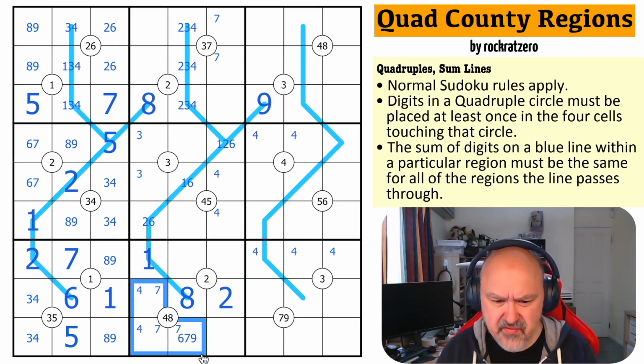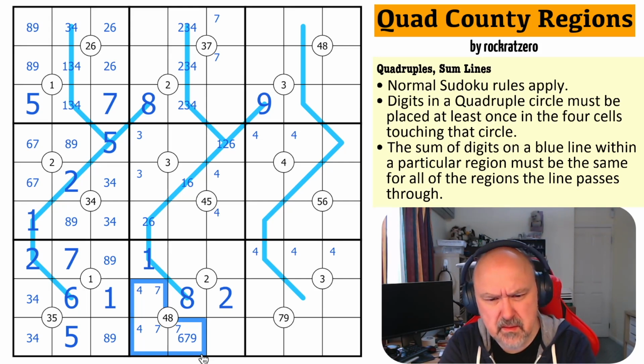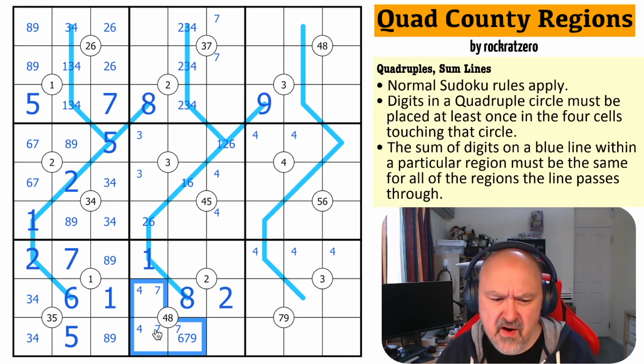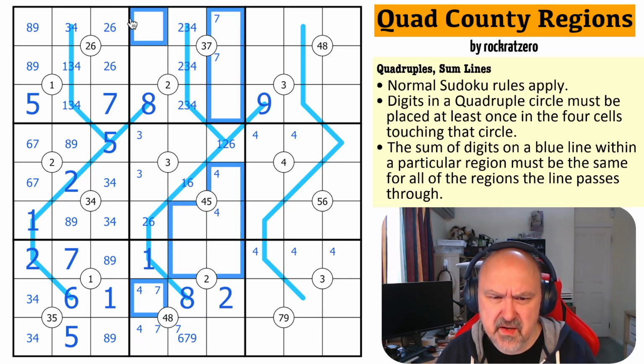So 7 is in one of those. So I was looking for something on 5s down here, but 5s are lining up in not a way I'm seeing resolve.